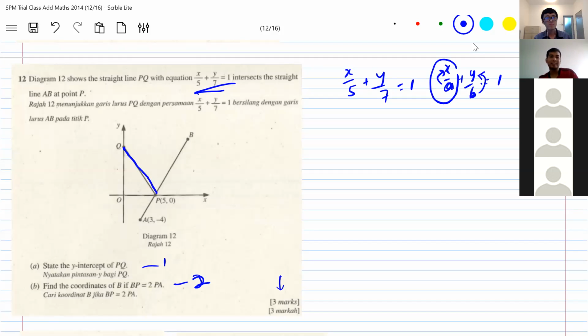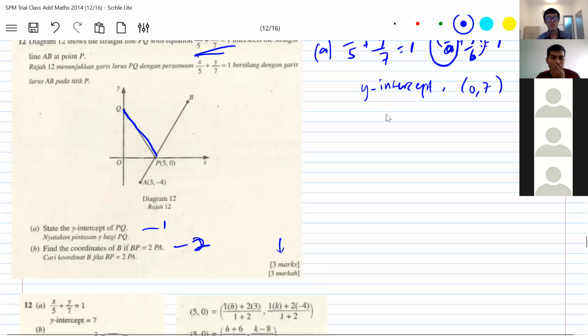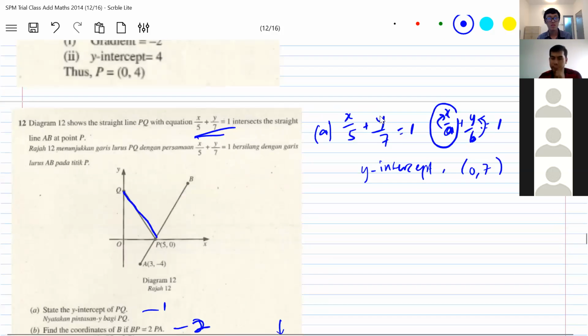So in this case, the y-intercept is straight away (0, 7). Or 7, I think. Just 7. Right? Because it is in that form. It's a special form for straight lines.